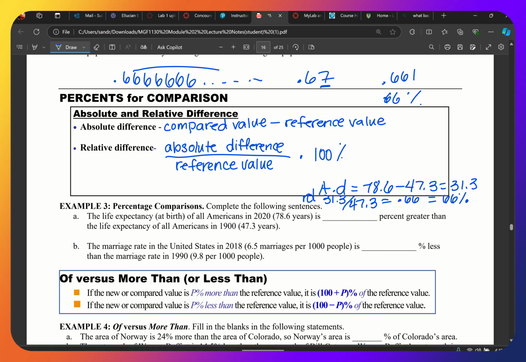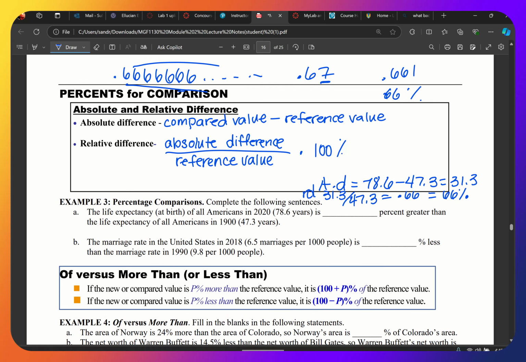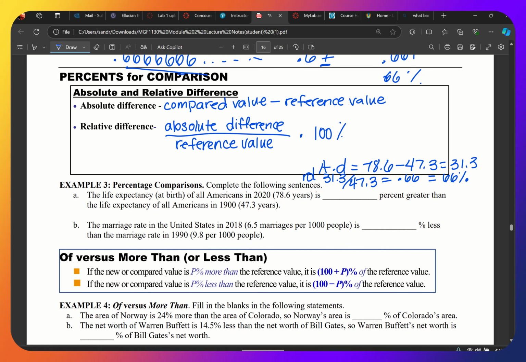Yeah, with the repeating ones, they round up 1 on the second decimal, or whatever decimal it tells you to round to. So this one says hundredths. Round to the nearest hundredths. You're going to round that one up to 7. So this guy is 66%.